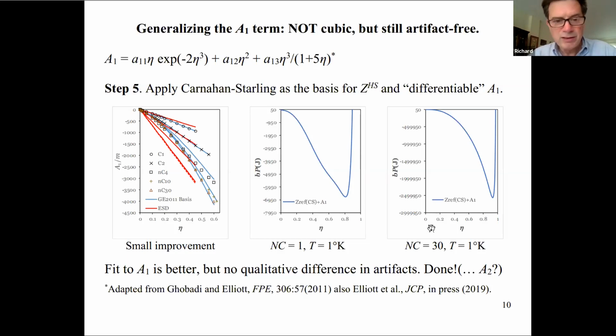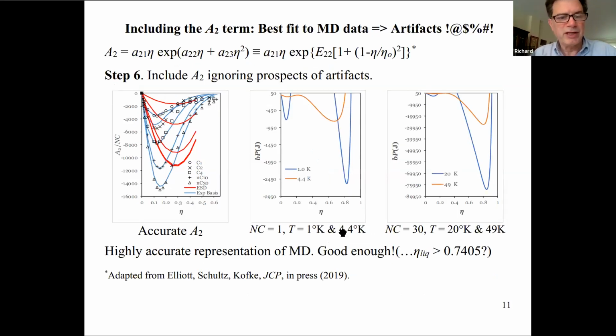So are we done? No, because the A2 term isn't right yet. Can we improve that? And so what I did was I fit the points to this blue curve again, using this functional form. And what you see is we get a good representation of the molecular simulation results now.